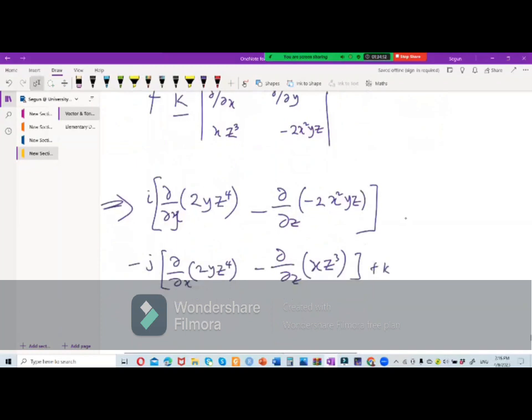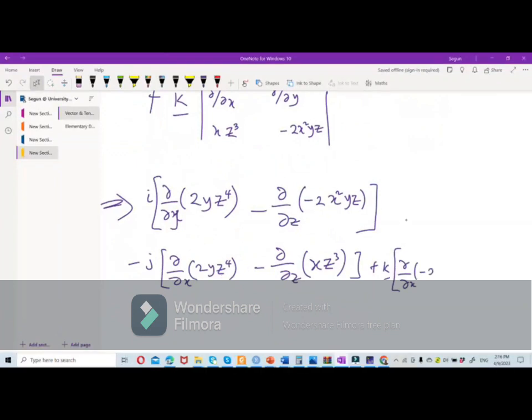Plus k: d/dx of minus 2x²yz minus d/dy of xz³. Okay, so we can now solve them one by one.